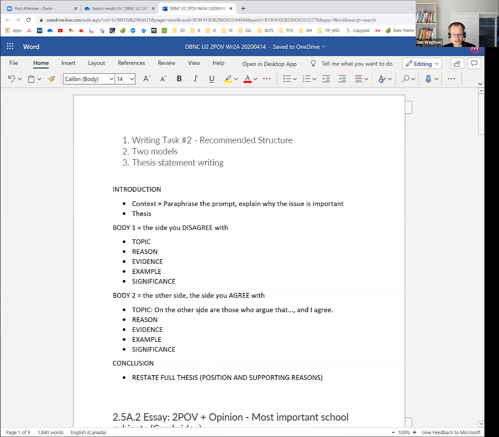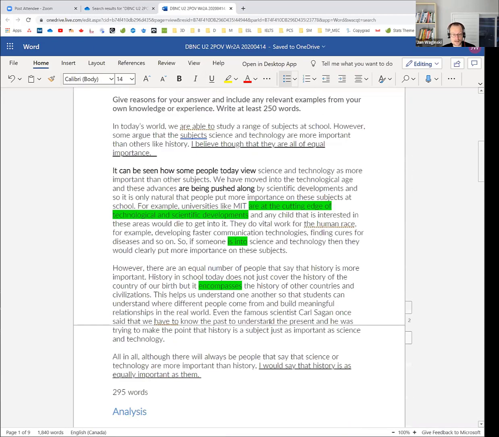The other side that you actually agree with, you can use this sentence. On the other side are those who argue that blah, blah, blah, blah, blah, and just end it by saying, and I agree. That's it. And then go into the reasons, the evidence, the examples for the other perspective, still using the same kind of language that's used here.